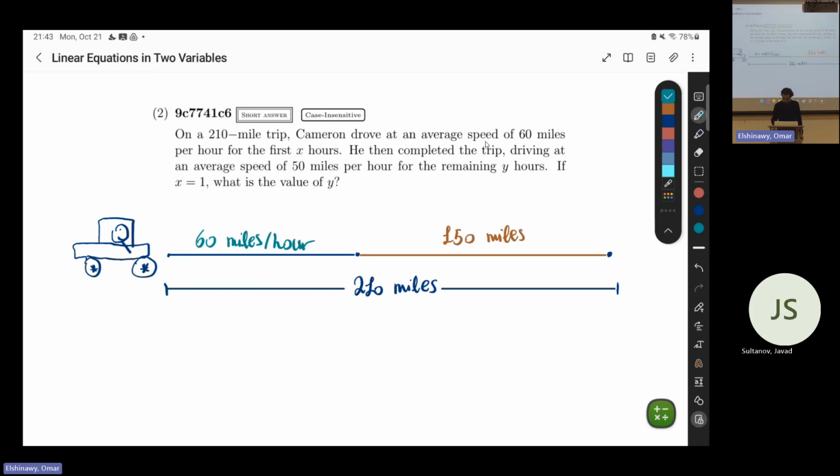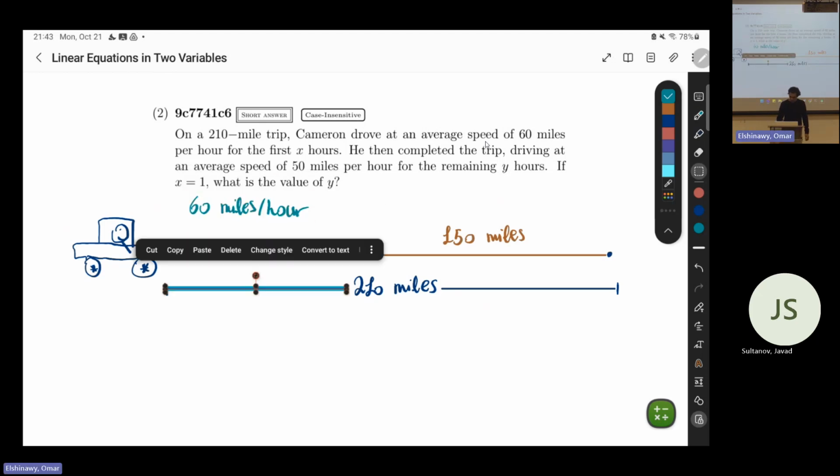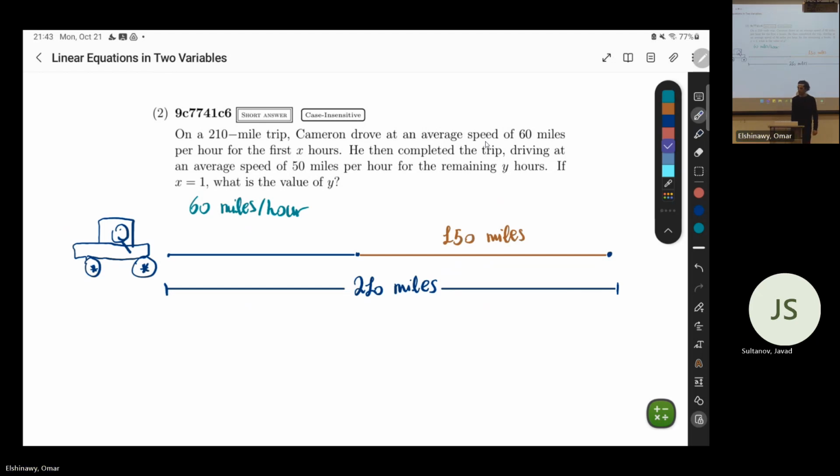So 60 miles per hour. And in the problem, how many hours did he spend going at 60 miles per hour? 1 hour, right? I don't want to say this, but I will say it.